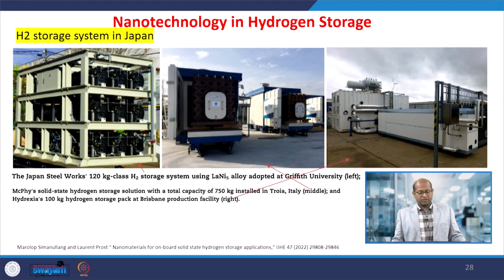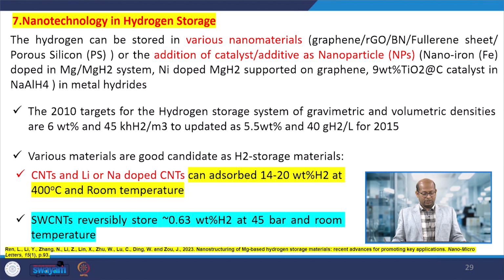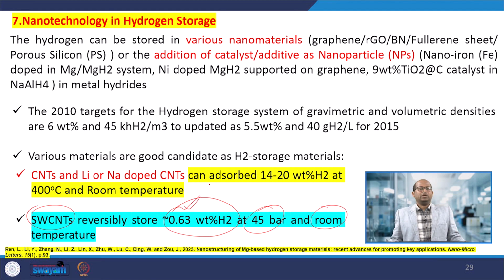In hydrogen storage, it has usually been observed that if we use single nanotube materials, it can store 0.63% of hydrogen at 45 bar at room temperature. That is a very small quantity of hydrogen, not very good.